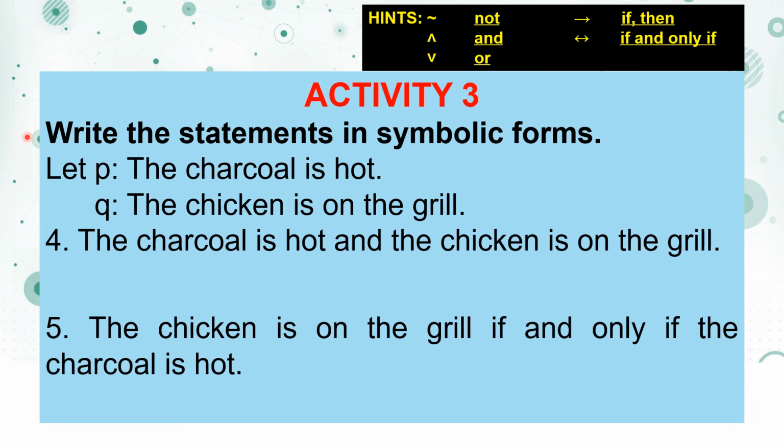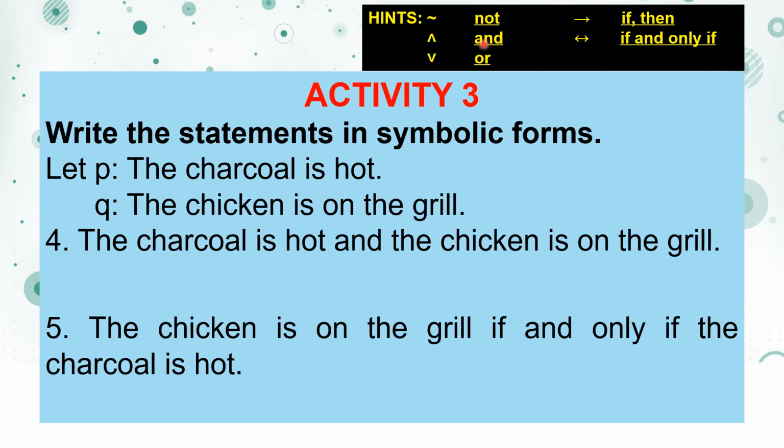So, let's have number 4 and 5. Still write the statements in symbolic forms. Let P is the proposition, the charcoal is hot. Q is the proposition, the chicken is on the grill. So, for number 4, we have the charcoal is hot and the chicken is on the grill. So, our keyword here is and.